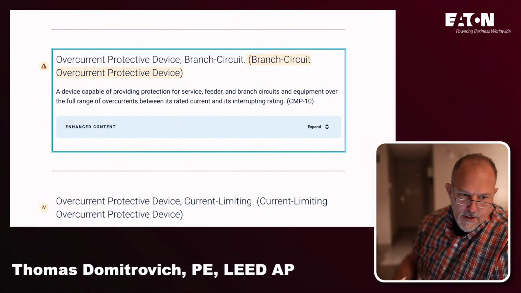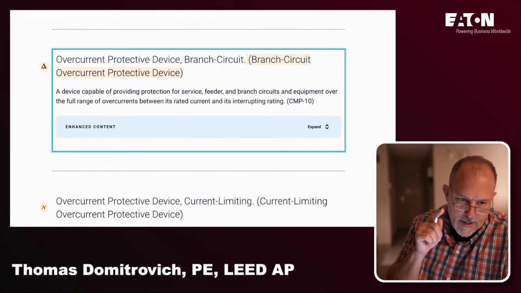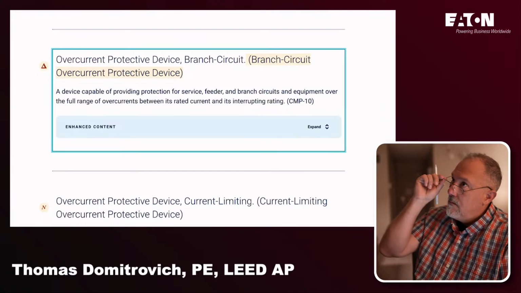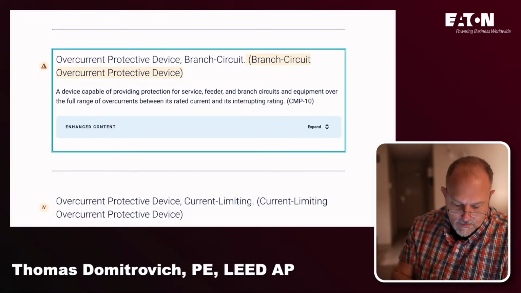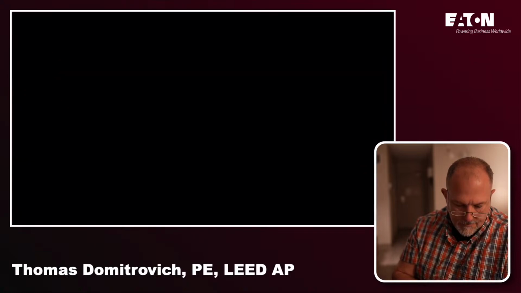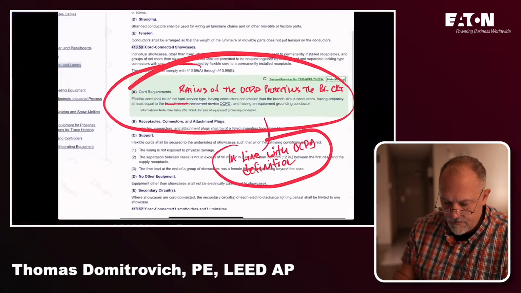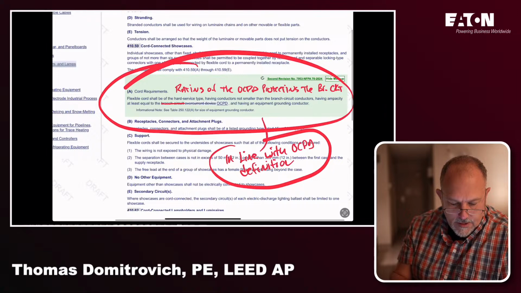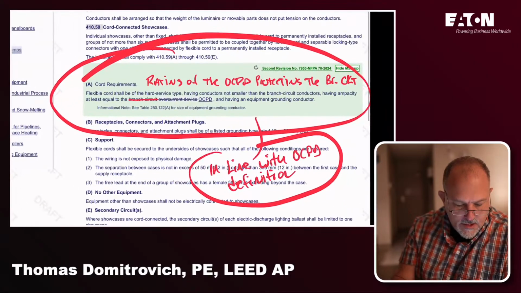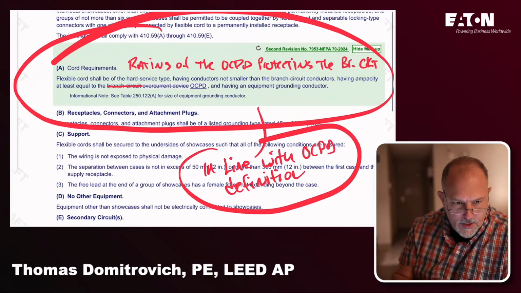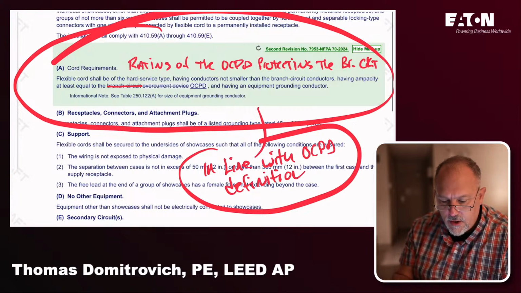Here is where the confusion lies. The language that they were using over there said, flexible cords shall be hard service type, have conductors not smaller than the branch circuit conductors.